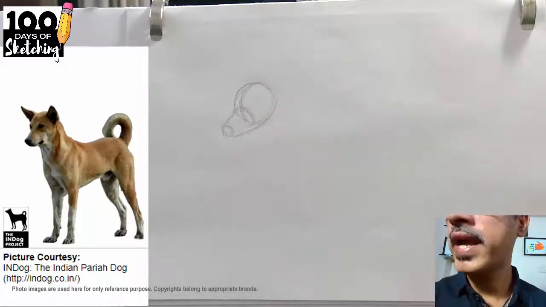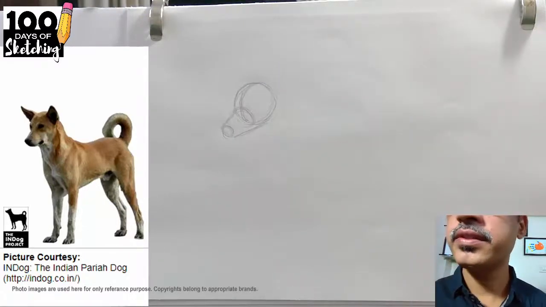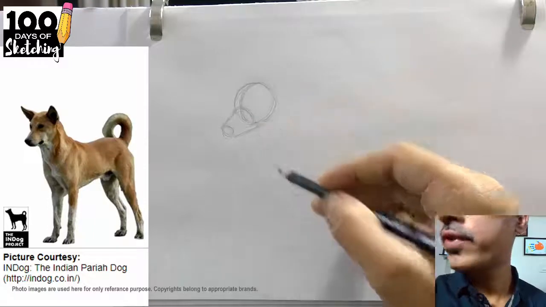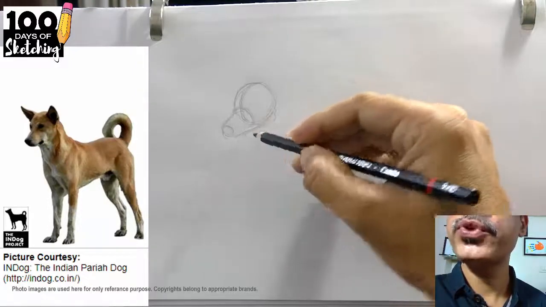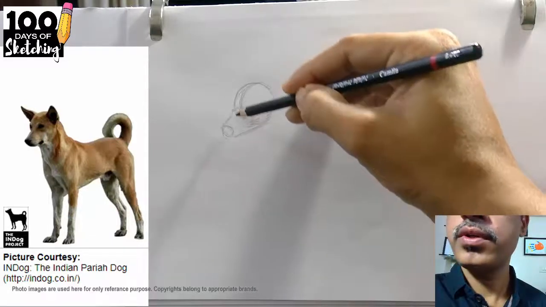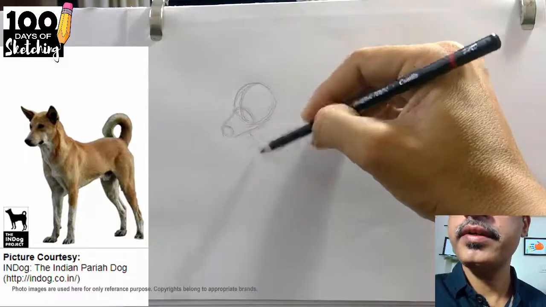So that is what I'm seeing in this reference image. Now if you see the neck portion, the neck also has a cylinder.